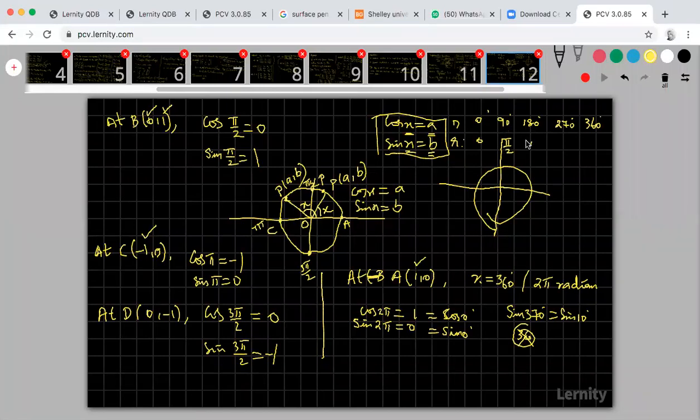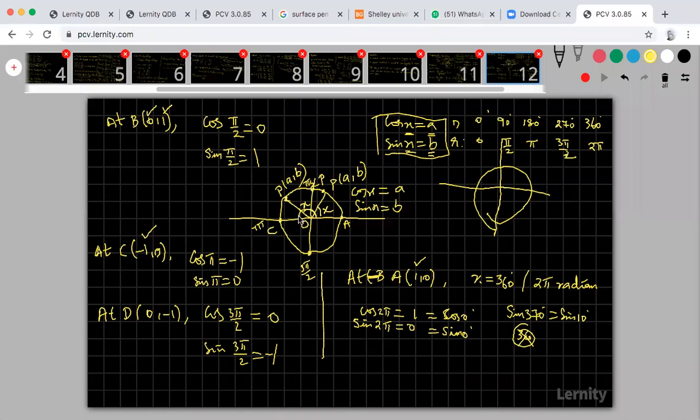This is pi radians, and this is 3 pi by 2 radians. Actually, this is 0 pi by 2, this is 2 pi by 2, the 2 cancels. This is 3 pi by 2, this is 4 pi by 2, the 2 cancels, we get 2 pi. So if you take a point here, this is your angle, your x is pi.